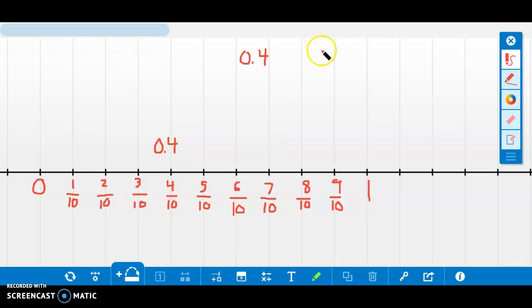So, if I wanted to write this number, how do I say this number? 7 tenths, because I have a 7 in the tenths place, right behind the decimal. So I would put 7 tenths right where the 7 tenths fraction is.